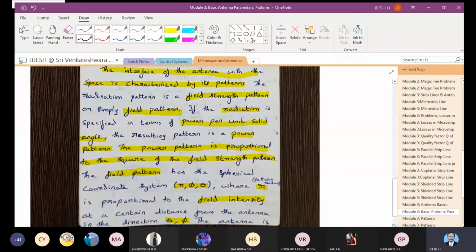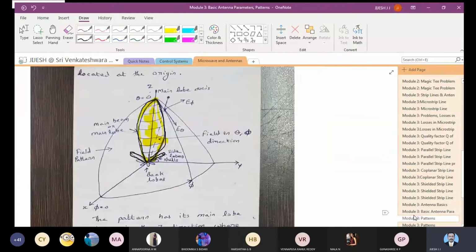Okay. Here you can see that the antenna has these components theta and phi. You can just imagine that you have taken a football or anything. That is a spherical part of it.